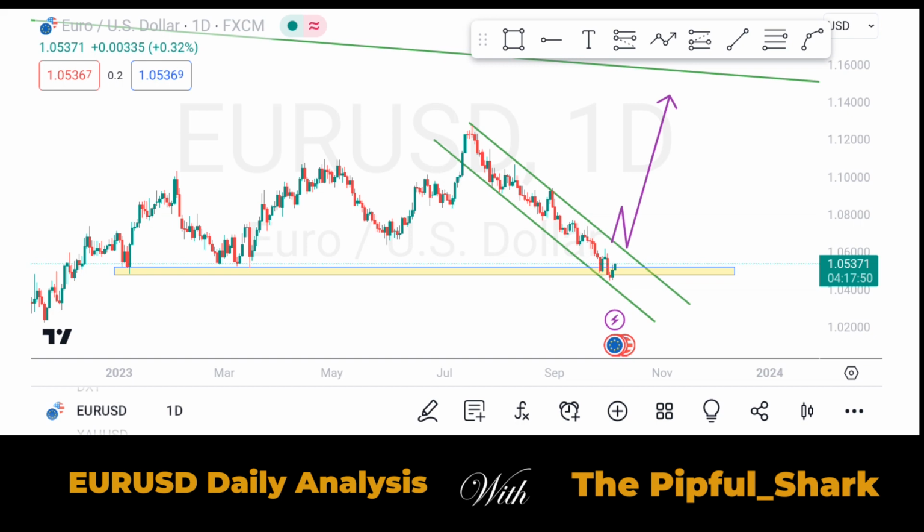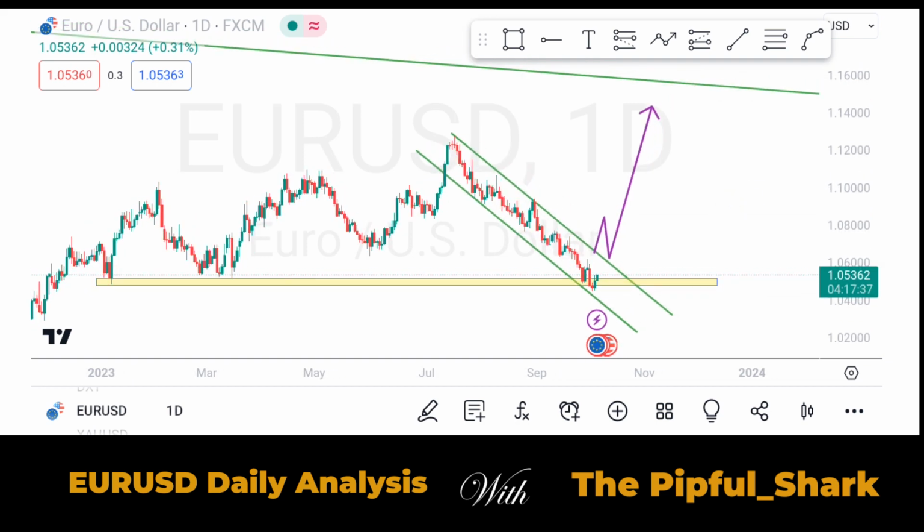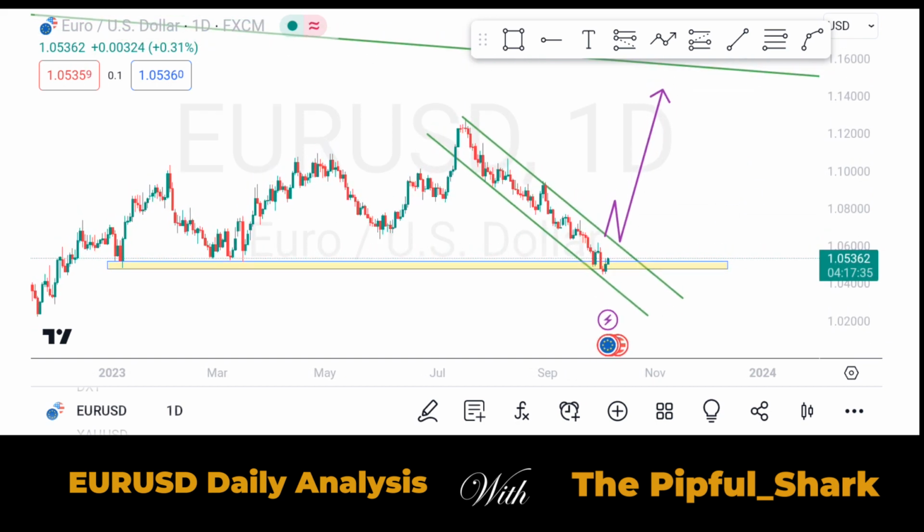Remember something that I need to mention, at any given time we deal with the current structure. So the current structure for us right now on daily is a downtrend, and it's a downtrend that met a very crucial zone around this particular point.